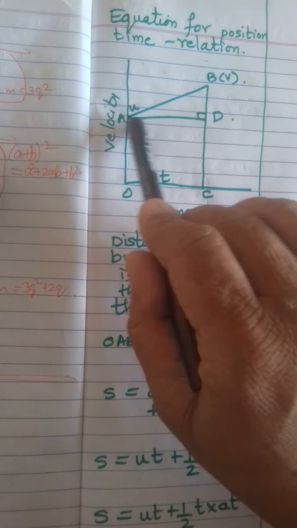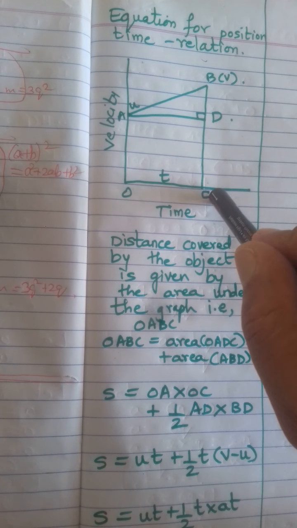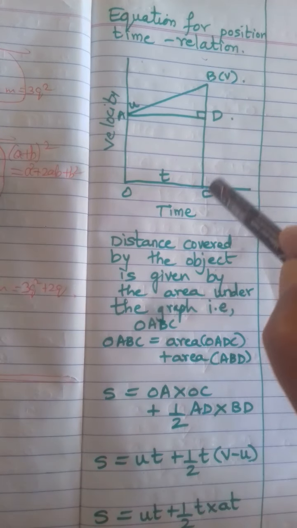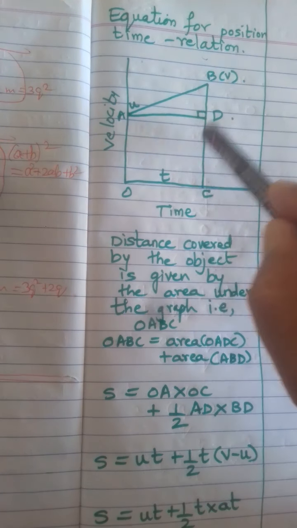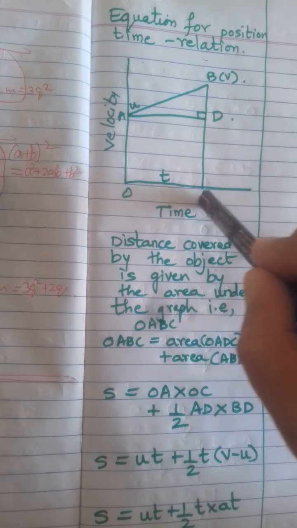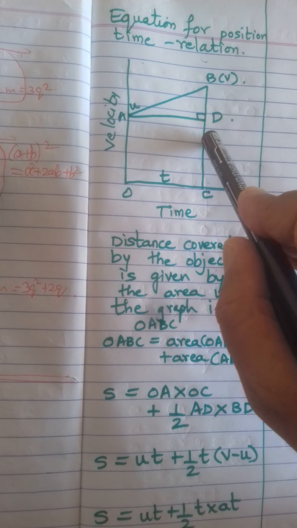We have drawn AD perpendicular to BC. This you have already written earlier. So OADC becomes a rectangle. So if OC is equal to t, then AD also becomes equal to t.